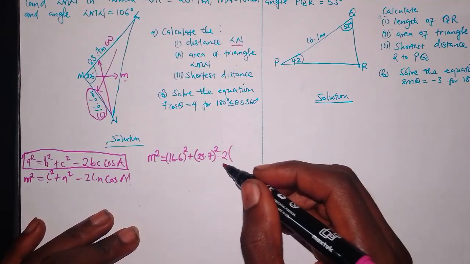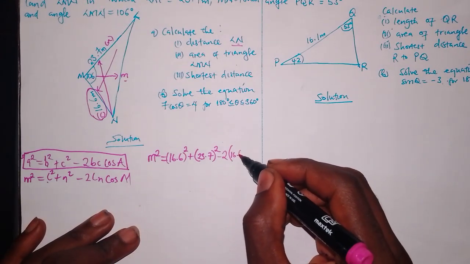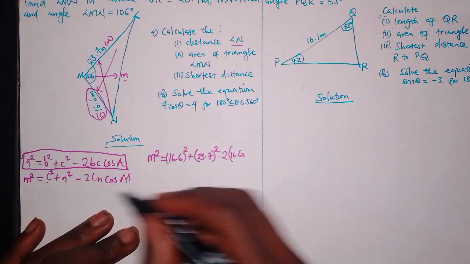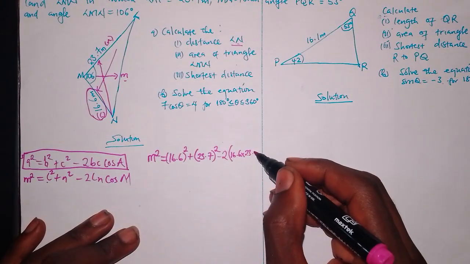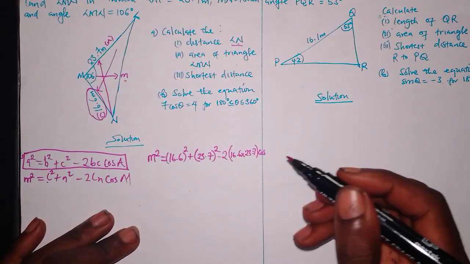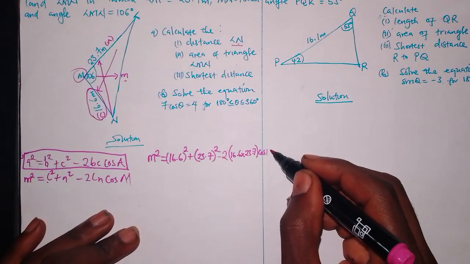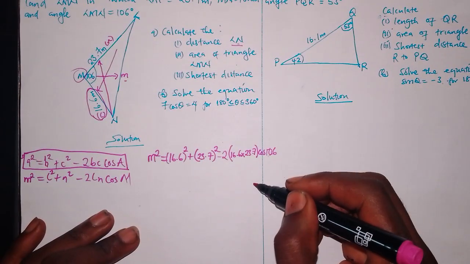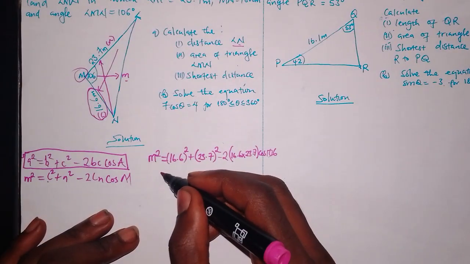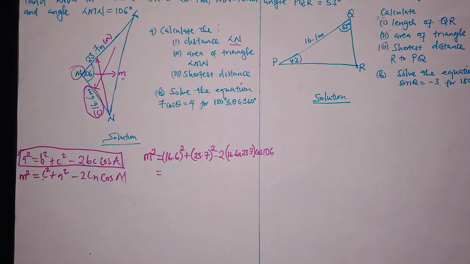Where there is L, you put 16.6 times N, which is 23.7 cos. What is our cos? Cos M, which is 106. Yeah. So once you do this, what is remaining is you just punching on the calculator.